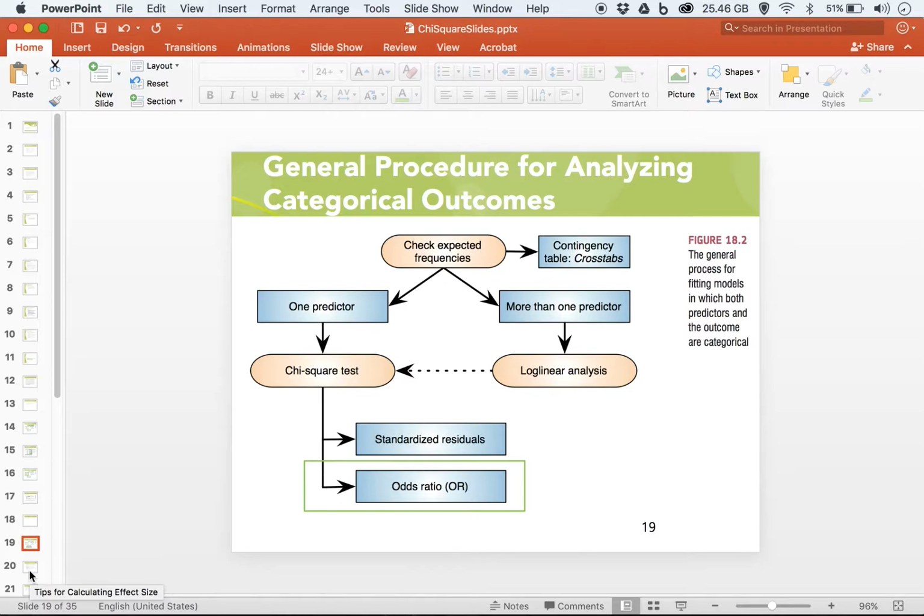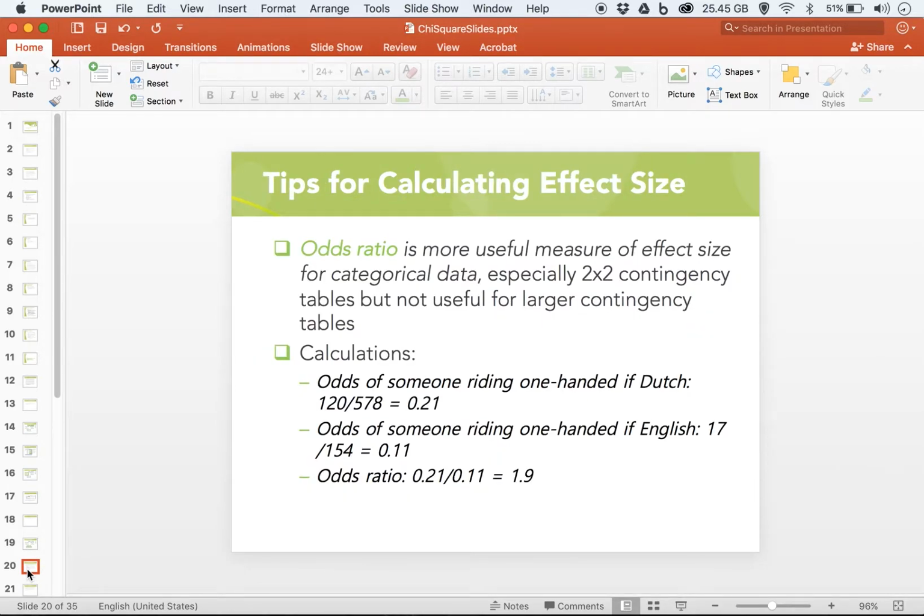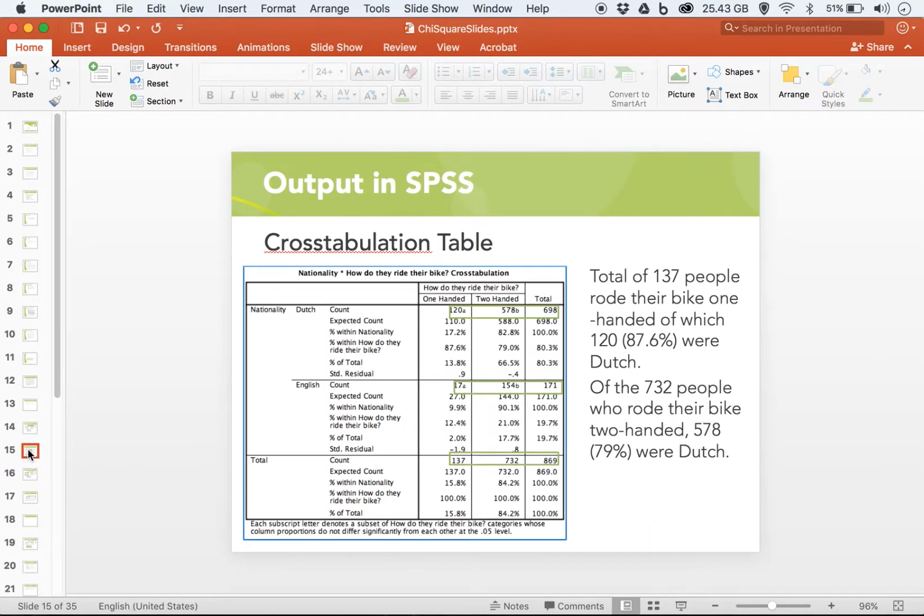So for the Dutch writing one-handed, the Dutch writing two-handed, the odds for someone English writing one-handed, the odds of someone English writing two-handed. The concept is that it's a very useful way to measure the effect size for categorical data. And we do these calculations that go back to your table that we first calculated right here.